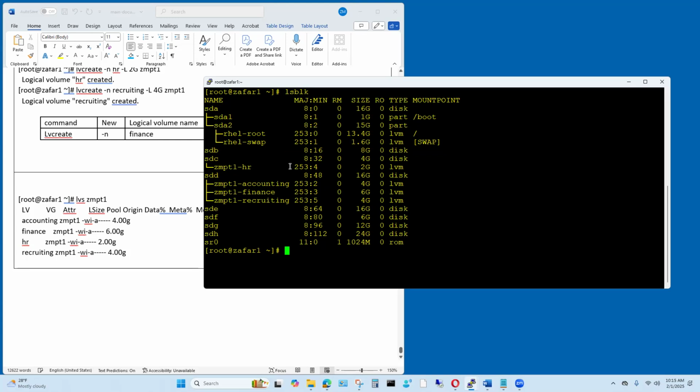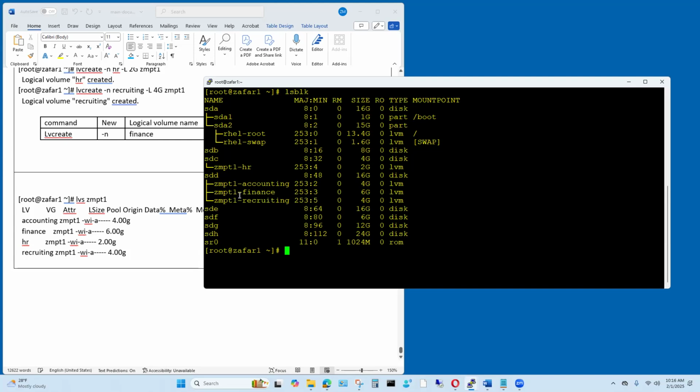So it put HR on SDC here because it could have put it here, but it's calculating. Why would I put it here? Let me just put it here because HR needs only another 2. So it's putting 4 GB here on the 4 GB disk. Accounting needs only 4, so it put it here.